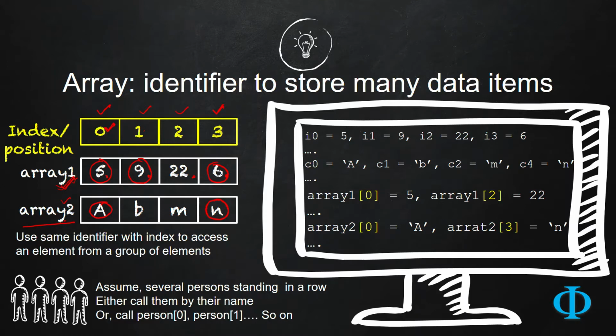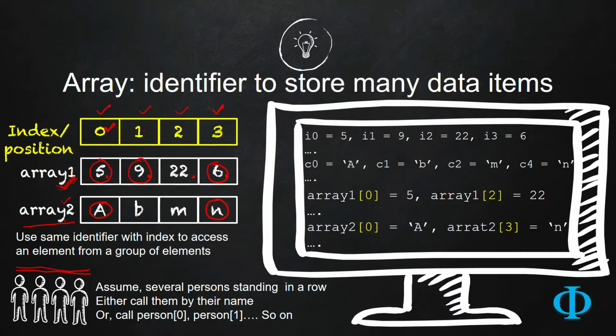So just for easy understanding, you can think of this real world scenario where, let's say, there are several persons standing in a queue, and you have two options to identify each of them. First, you can call them by their name, like Alice, Bob, Charles, David, and so on. In that case, you need to know all of their names.